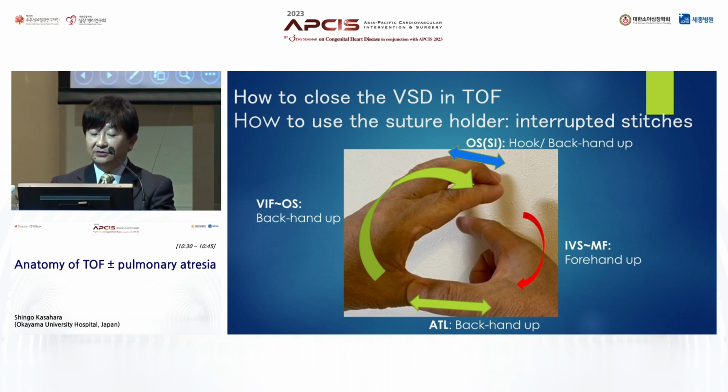Usually at the anterior tricuspid leaflet, backhand up, and also the outlet septum is backhand up again, and then at the outlet septum it is a hook, and also backhand up. Usually at the infundibular septum, at the membranous flap, it is forehand up. So surgeons do it like that, with interrupted sutures.